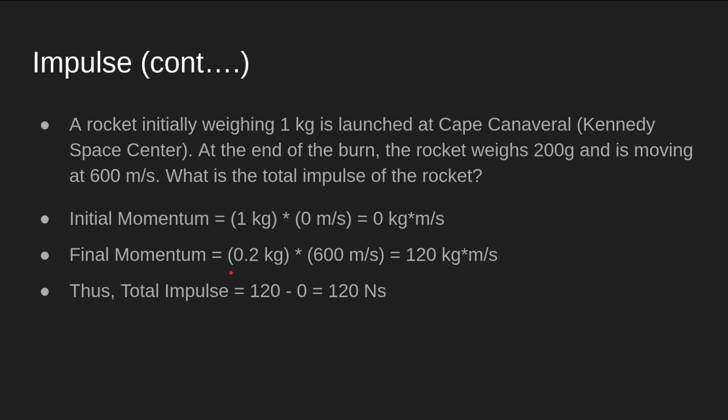And the final momentum is 0.2 kilograms. So yeah, important to convert your units into something standard. And then times the final velocity. So that gives you 120 kilogram meters per second. Thus, the total impulse is 120 minus 0 equals 120 newton seconds. So yeah, that kind of shows you the difference in momentum formula for calculating impulse.